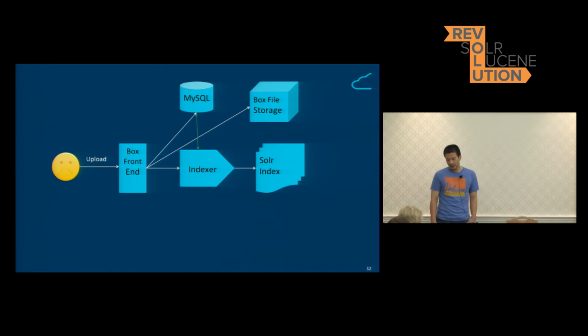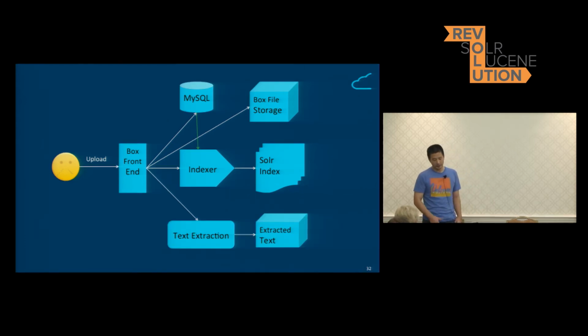At this time, only the file name becomes searchable, but the front end also tells a text extraction module to extract the file content out of this file, which does it and stores the result in another storage that we keep for extracted file content.